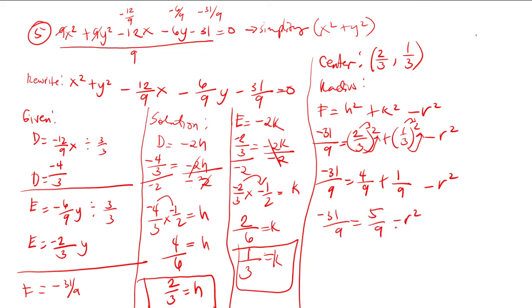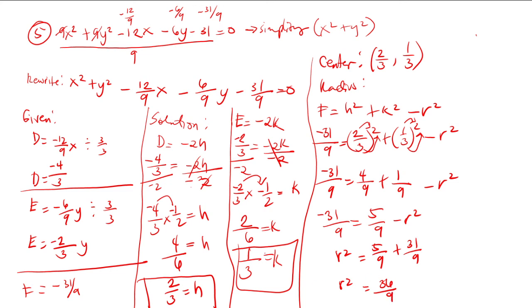Tapos, pagpalitin na natin ang pwesto, lagay si r square dito. Copy 5 over 9. And then, negative 31. Pumunta sa kanan. So, plus 31 over 9. Okay? Next, r square is equal to 5 plus 31 is 36 over 9. Okay?